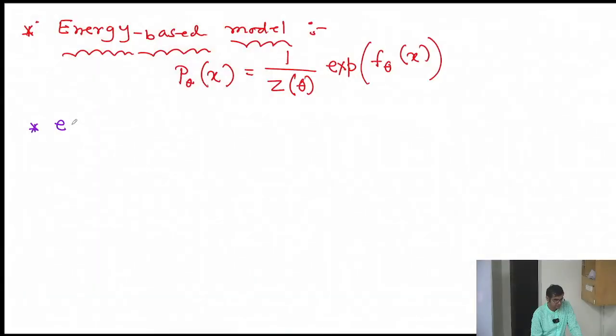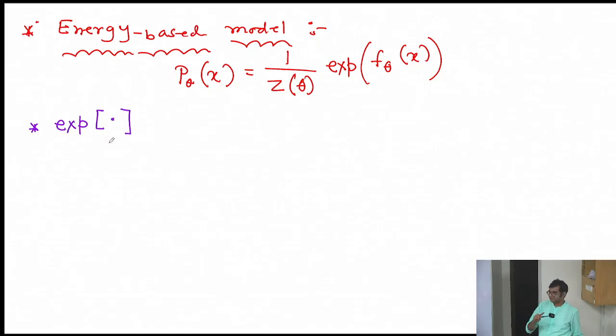Okay. So let me write down whatever I said. So first thing I said was exponential. One thing I forgot. I'll come back later. Let me discuss this and I'll come back.